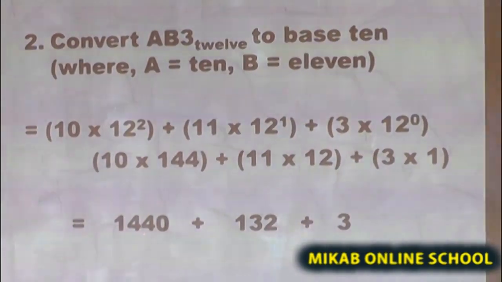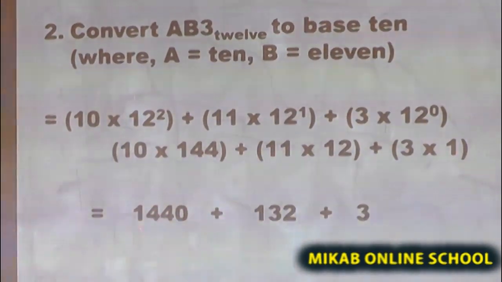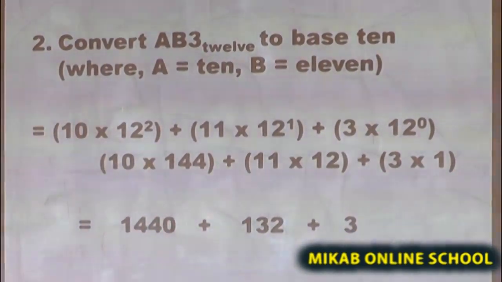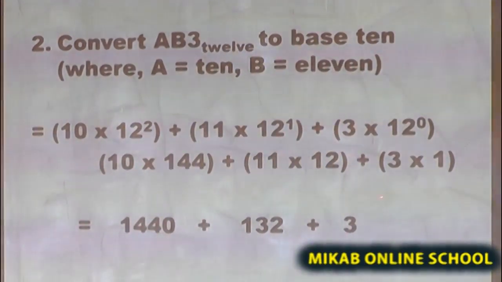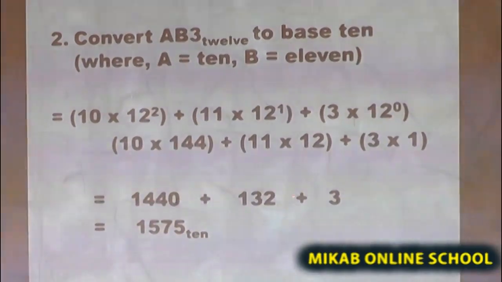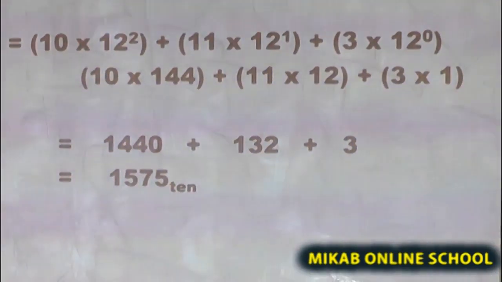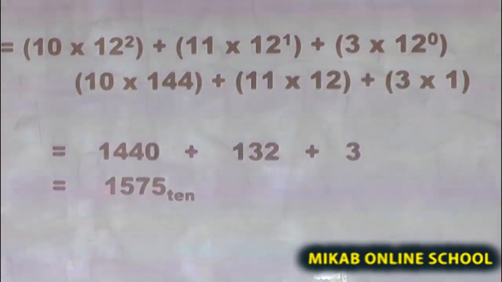So I'll keep simplifying further. 10 multiplied by 144, I'll have 1440. Plus 11 times 12, I'll have 132, plus 3 times 1, I'll have 3. Then adding all together, I'll have 1575 to base 10.